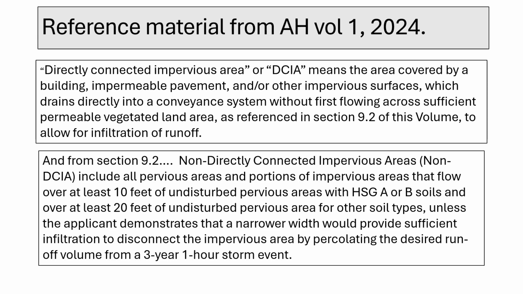There is also an alternative path for applicants. If the standard width cannot be achieved, the applicant can demonstrate that a narrower width still provides sufficient infiltration by percolating the runoff volume generated from a 3-year 1-hour storm event. That storm event is typically associated with a rainfall depth greater than 2 inches, representing a meaningful design storm for evaluating whether true hydrologic disconnection is occurring.